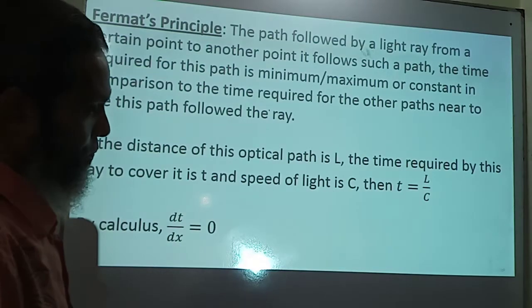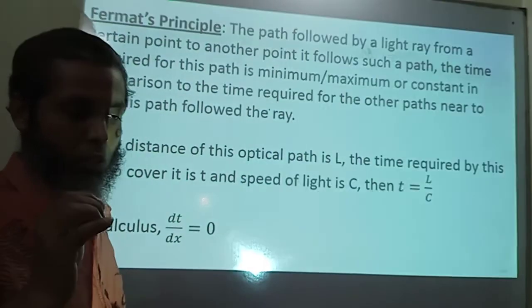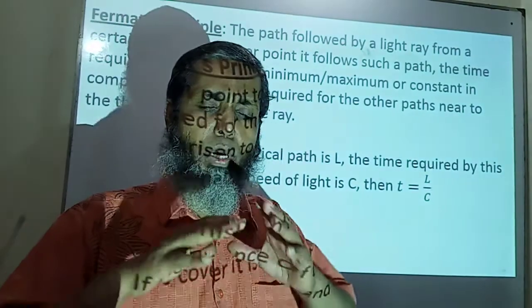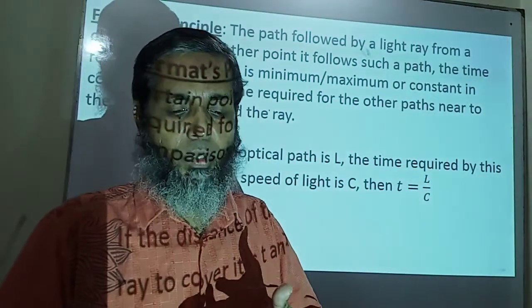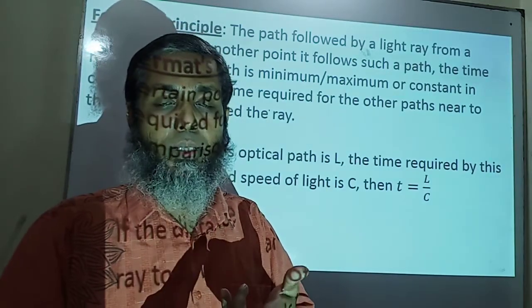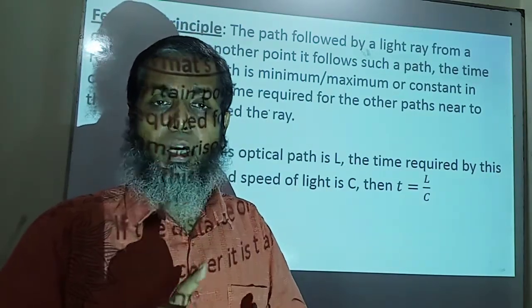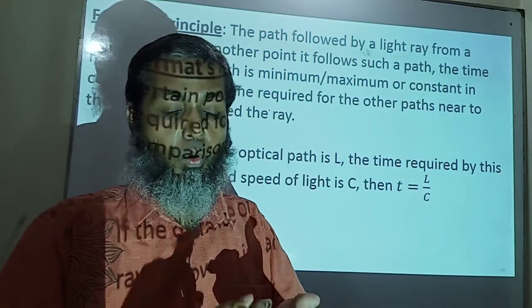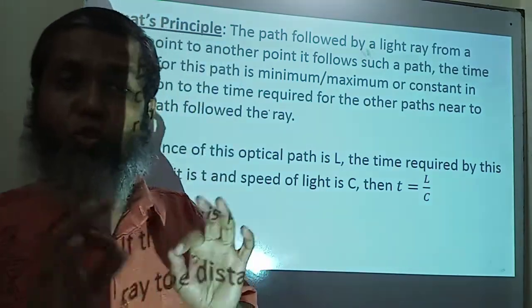That means when a light ray travels from one point to another point in any medium, it will cover three conditions. The path will be maximum or minimum or it will be unchanged.